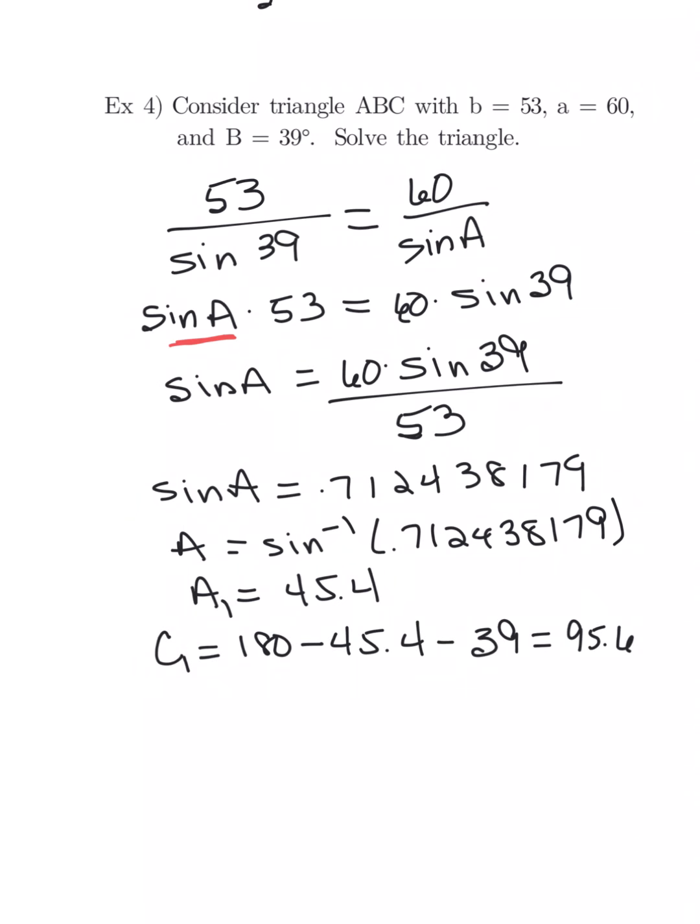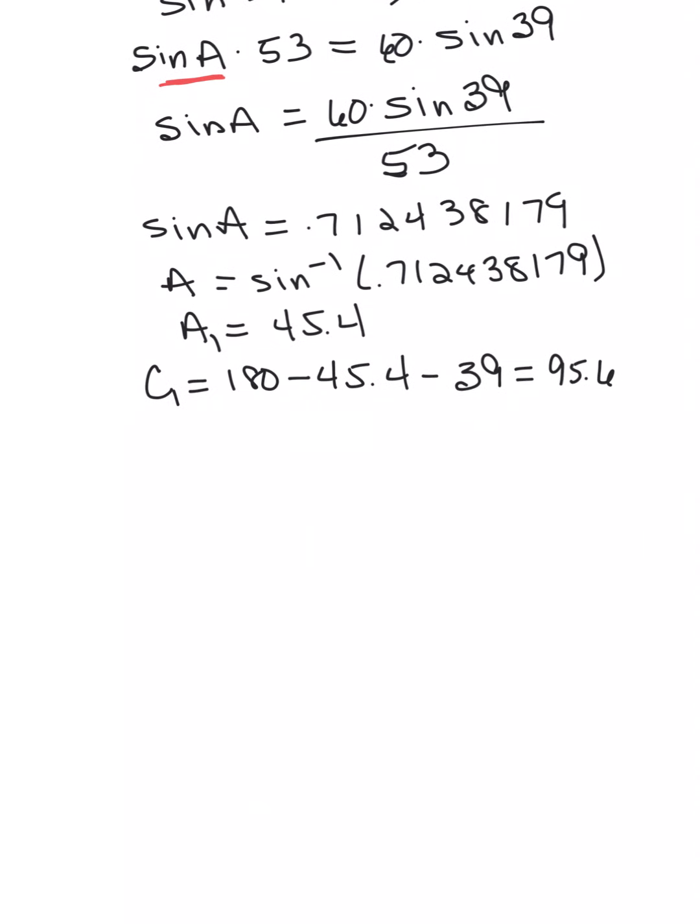So angle C must be 95.6. We are still missing side C for this triangle. So go back to your given pair of 53 over the sine of 39 equals side C1 over the sine of 95.6, which we just said is angle C1.